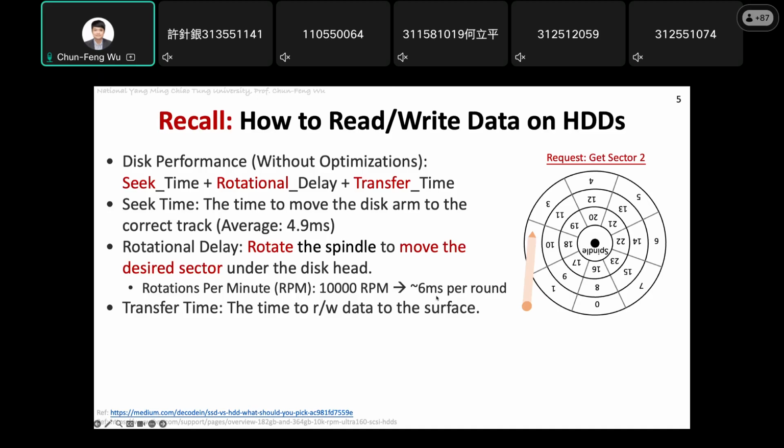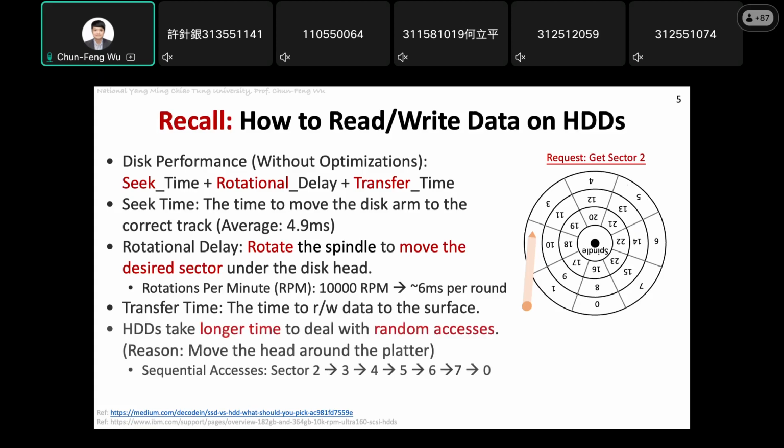The third one is transfer time. Transfer time is the time to read or write data on the surface. We use the GMR head to read the data, or the write head to write the data. It takes some time.